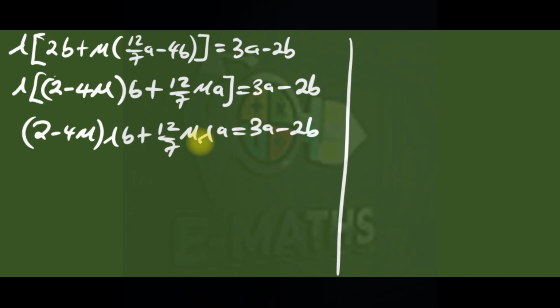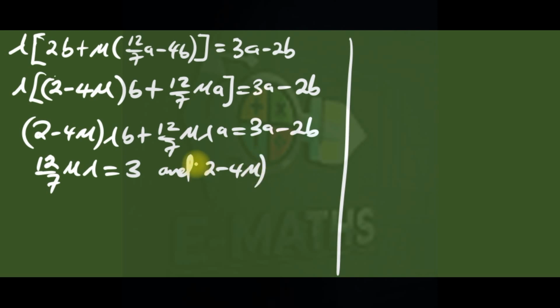This one has a, so we have 12 over 7 mu lambda must be equal to 3, and that's the coefficient. And 2 minus 4 mu times lambda must be equal to minus 2.